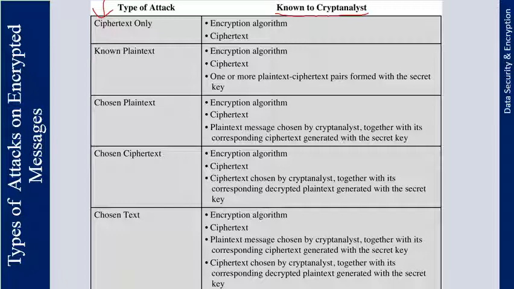That means if no other information is available to the cryptanalyst, it is very difficult to initiate an attack or extract the information. In some cases, not even the encryption algorithm is known, but in general we can assume that the opponent does not know the algorithm used for encryption.